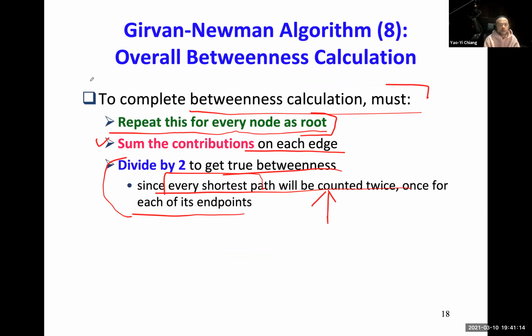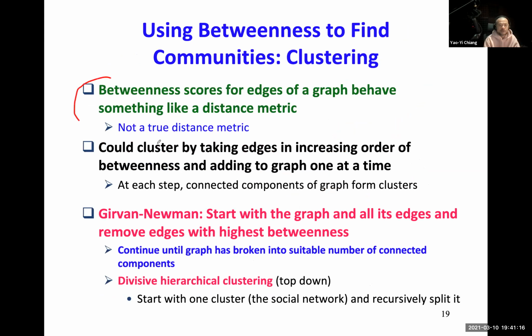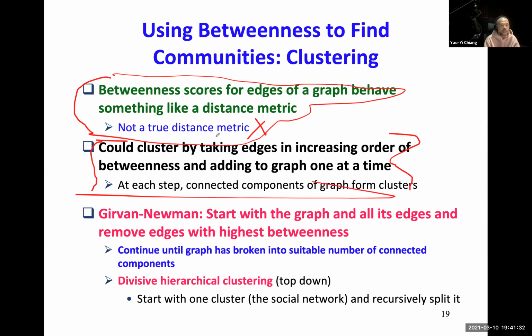Okay, so betweenness scores for edges of a graph behave something like a distance matrix, but it's really not a distance matrix. You could cluster by taking edges in some increasing order of betweenness and start to generate communities.